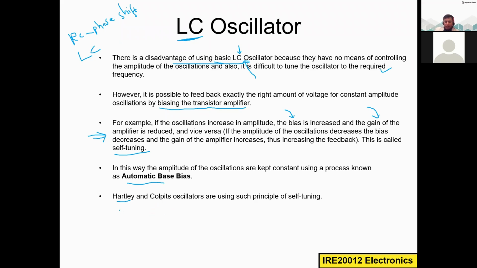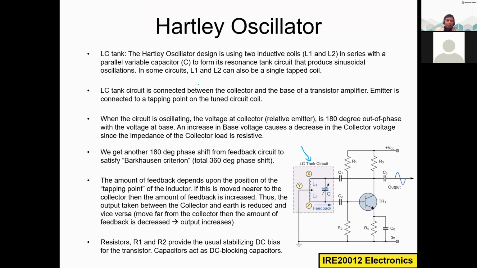For that, we are using two different oscillators, called the Hartley oscillator and the Colpitts oscillator. We will see now how the circuit design of these two oscillators differs from the basic LC oscillator. First we will see the Hartley oscillator.